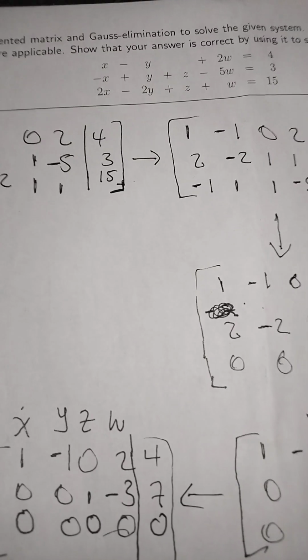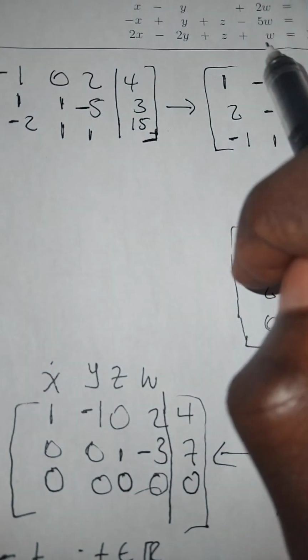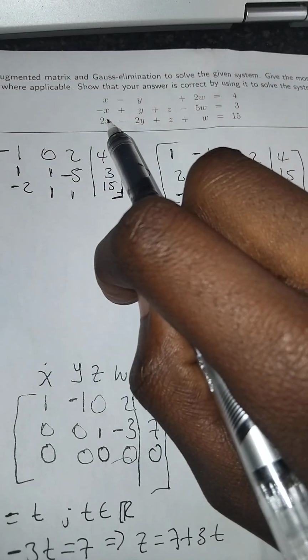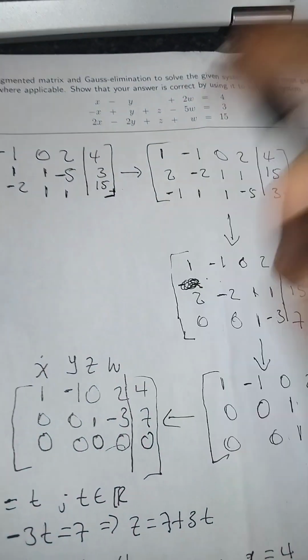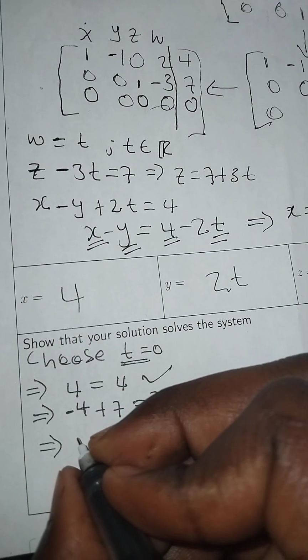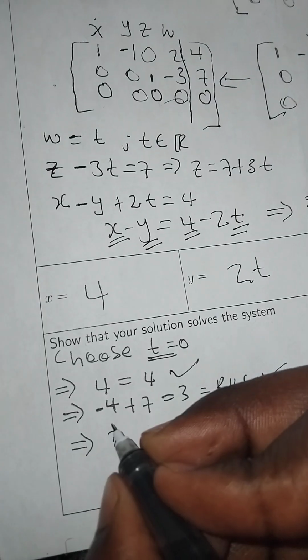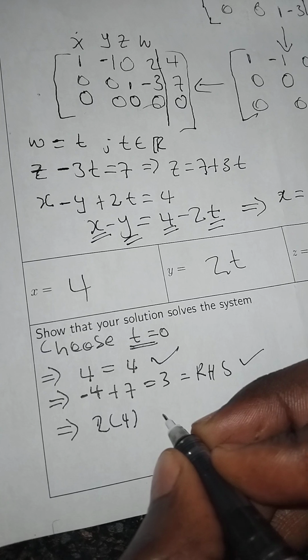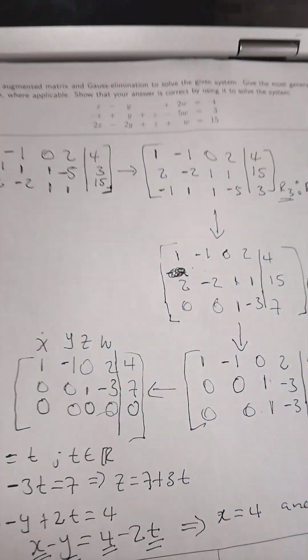Then the last equation, equation 3, it tells us that we have 2x minus 2y plus z plus w. Y and w are both zeros, so we are worried about 2x and z, so they must give us 15. So we want 2x, so 2 by 4, then plus z.